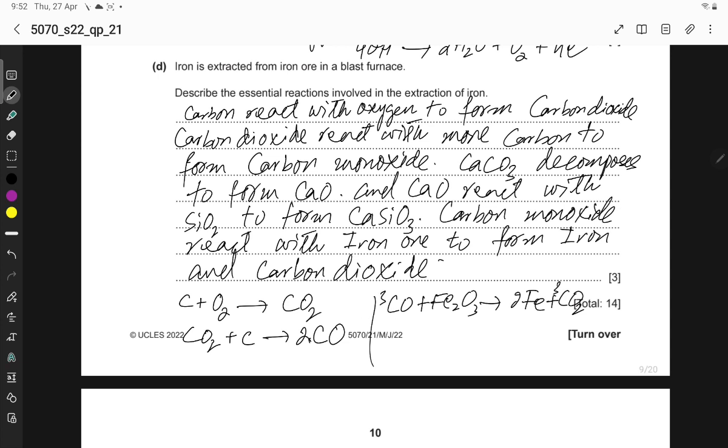Balance to over here. Calcium carbonate decomposes to form calcium oxide plus carbon dioxide and calcium oxide plus silica impurities to form slag. So these reactions are carried out in the blast furnace.